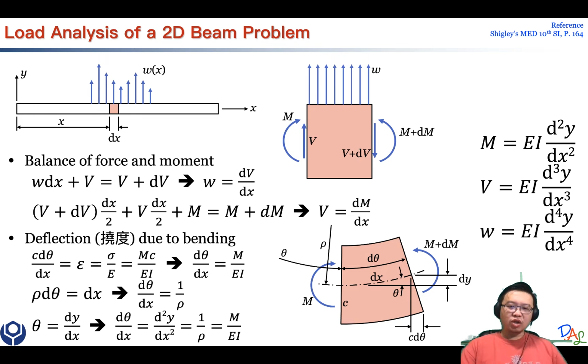So if you draw a horizontal line tangent to the arc of the bended shape, there's an angular difference between this horizontal line and this curve.